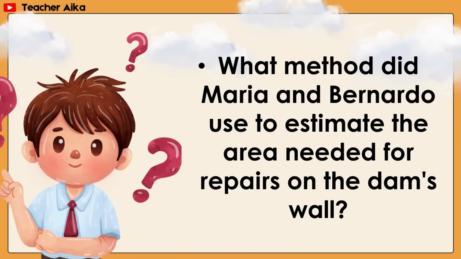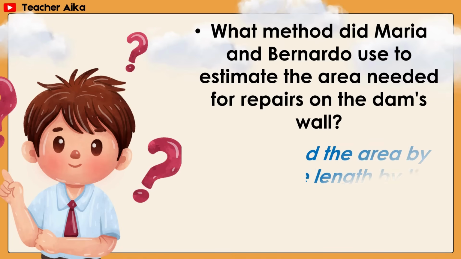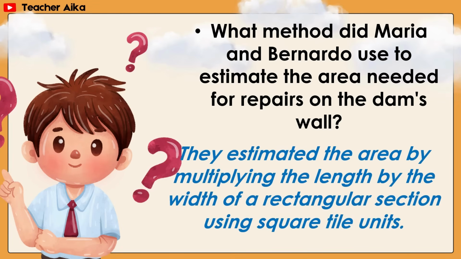What method did Maria and Bernardo use to estimate the area needed for repairs on the dam's wall? Answer: They estimated the area by multiplying the length by the width of a rectangular section using square tile units.